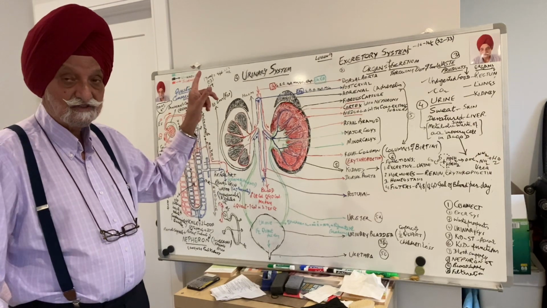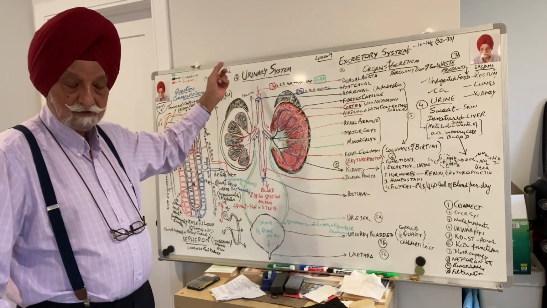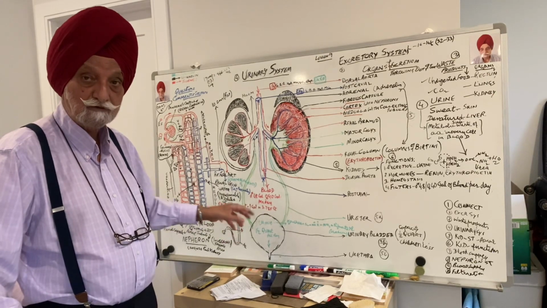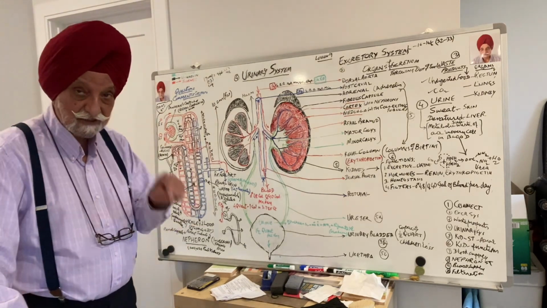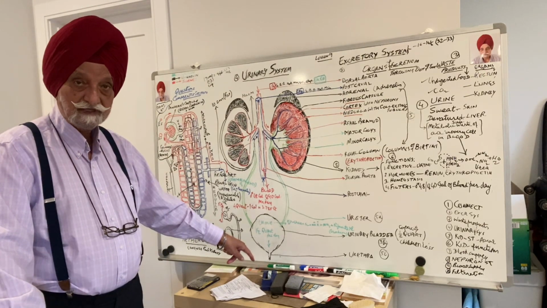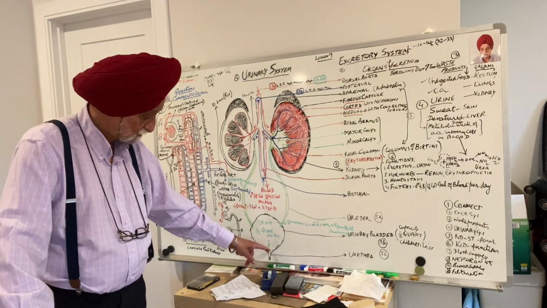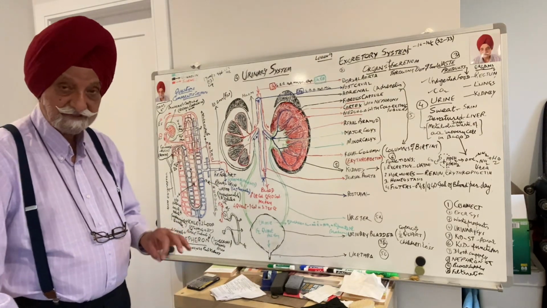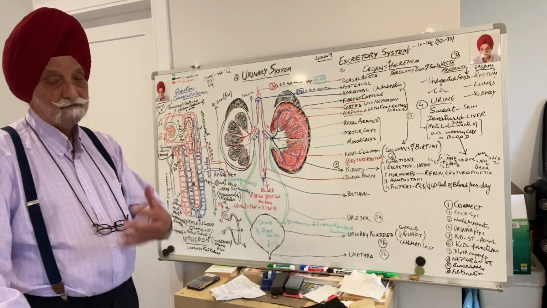Now, when that message is received at the brain, a message then comes from the brain for the muscles of the urinary bladder to contract and squeeze the urine to the outside. At the same time, a message comes to the sphincters present at the urethra, the joint at the base of the urinary bladder, and this sphincter is also directed to relax. Hence, the urine from the urinary bladder is passed to the outside.